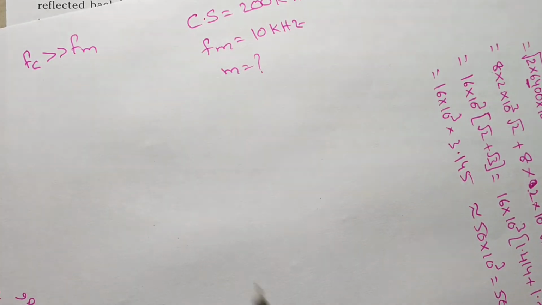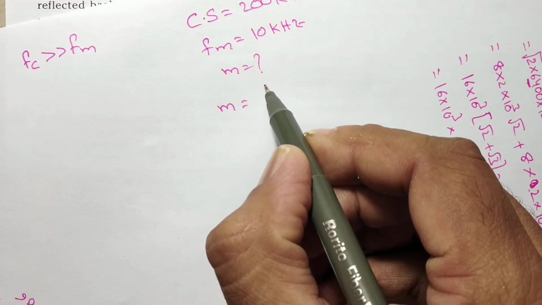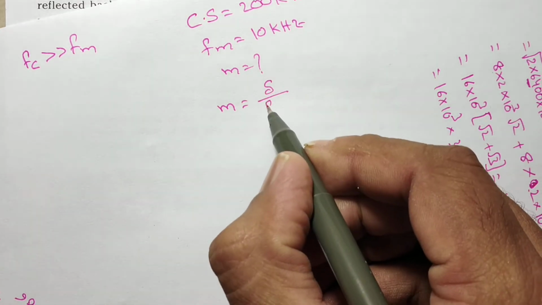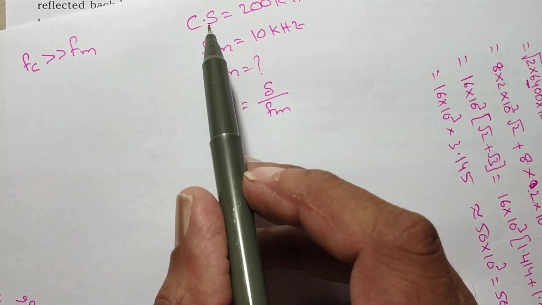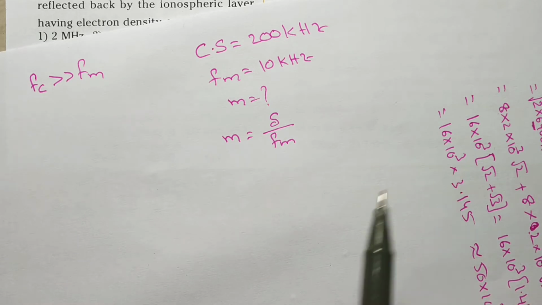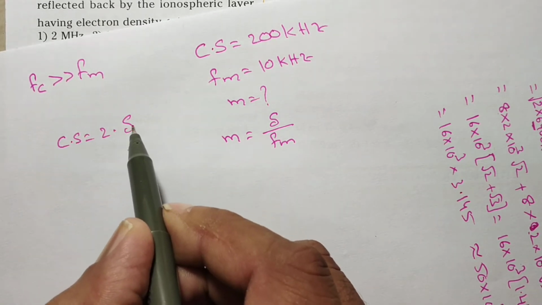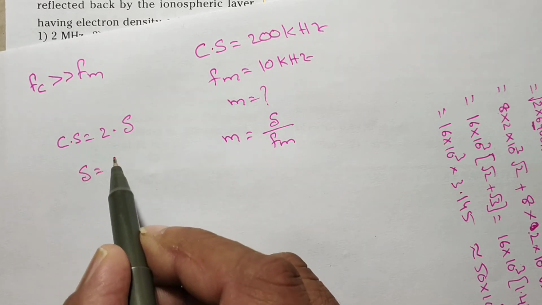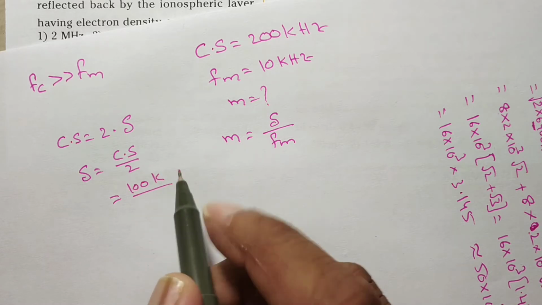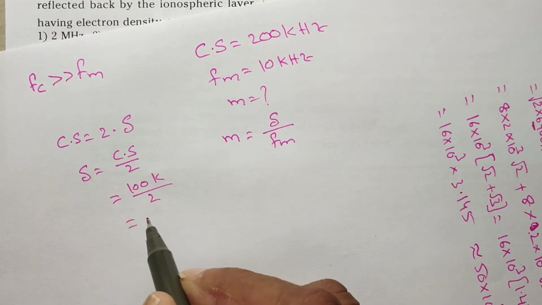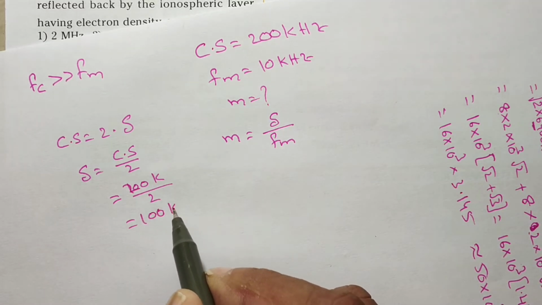We know that the modulation index in frequency modulation is del divided by fm. The relation between the carrier swing and del: carrier swing CS is equal to 2 into del. Now del is carrier swing divided by 2, which is 200 kilohertz divided by 2, that means 100 kilohertz.